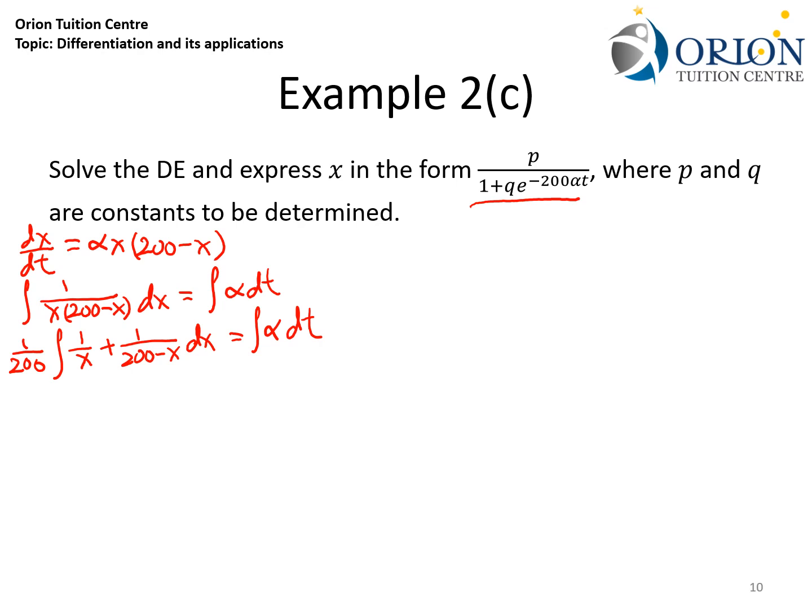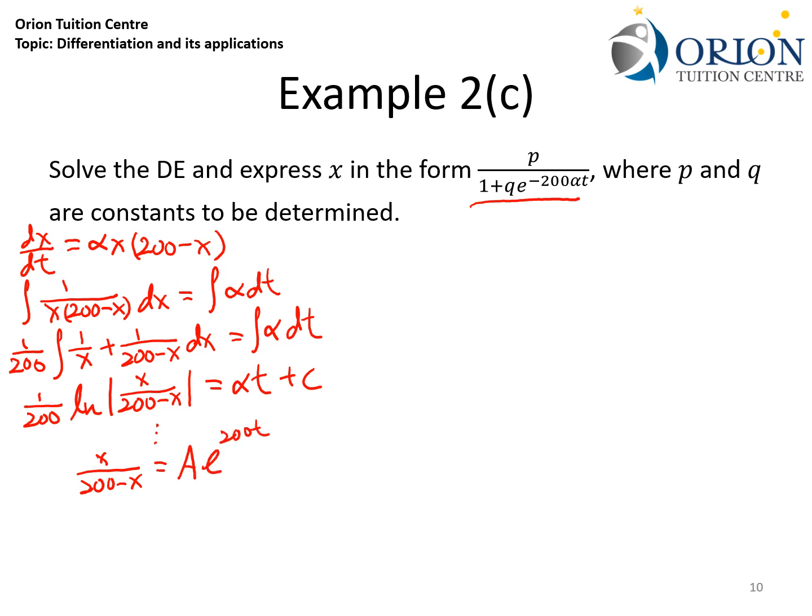So I can now integrate both sides to get 1 over 200 ln modulus of x over 200 minus x equals alpha t plus c. And if I rearrange this entire equation, I will have x over 200 minus x equals A e to the power of 200 alpha t, where A is equal to e to the power of 200c.